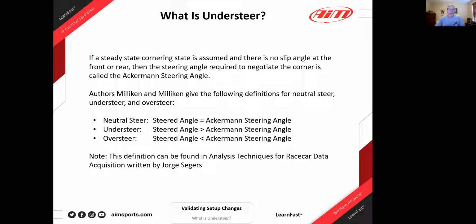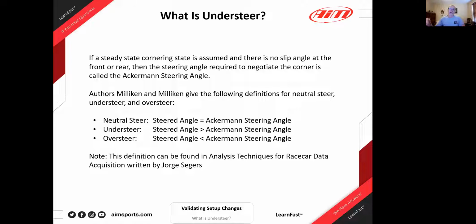So what is understeer? I know a lot of people have pretty strong feelings about what understeer is, and that it's always bad. But if you look at it from an engineering perspective, let me back up.